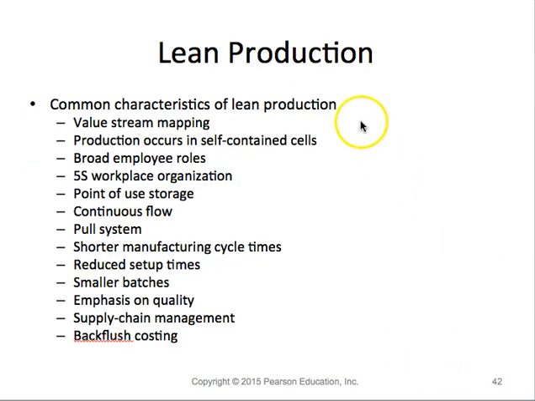So the concept of lean has several characteristics: value stream mapping, production occurs in self-controlled cells, and so on.